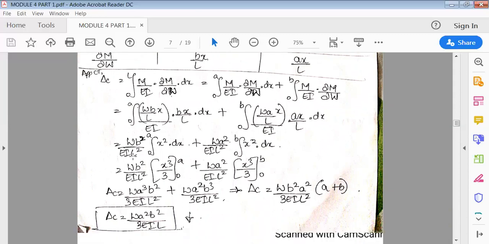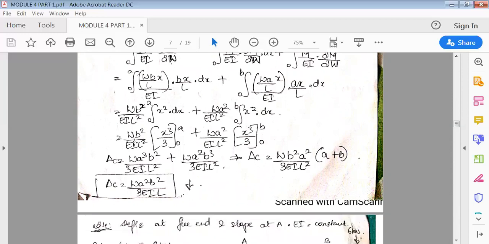So then solve this. WB²/(L²EI), x² becomes x³/3, from 0 to a, plus WA²/(L²EI), x³/3, from 0 to b. So it becomes WA³B²/(3EIL²) plus WA²B³/(3EIL²).